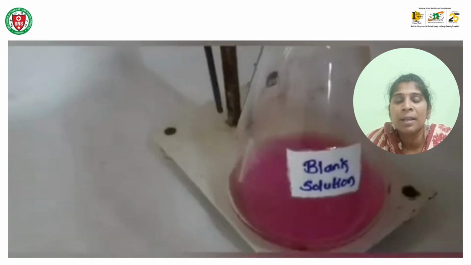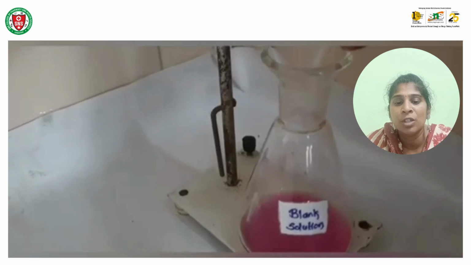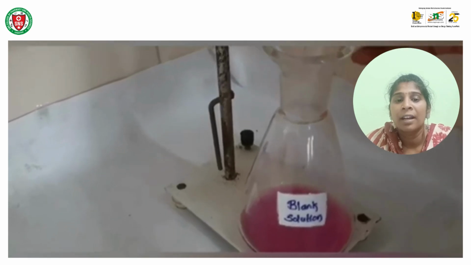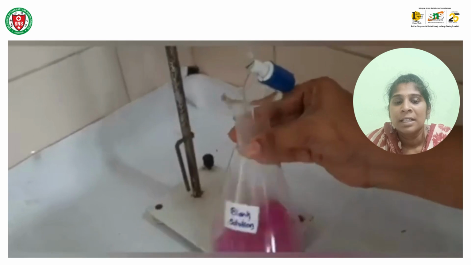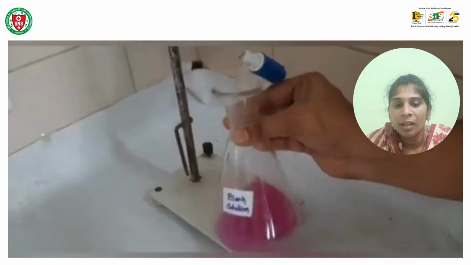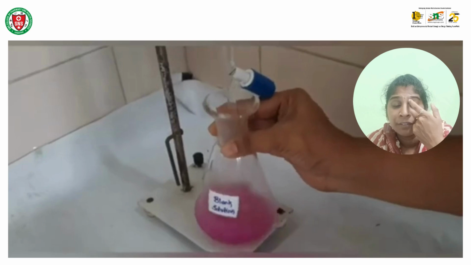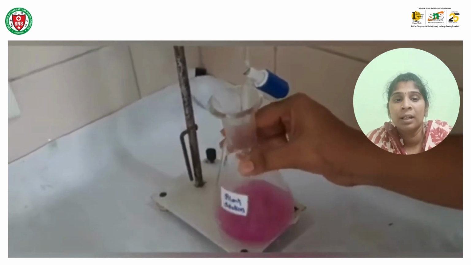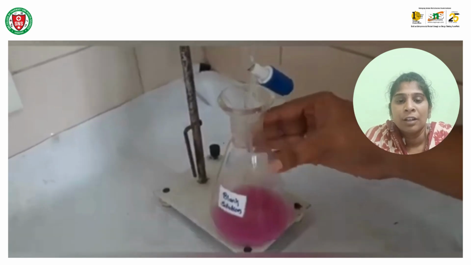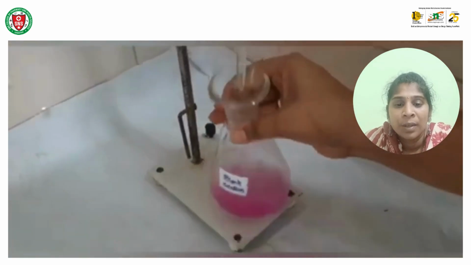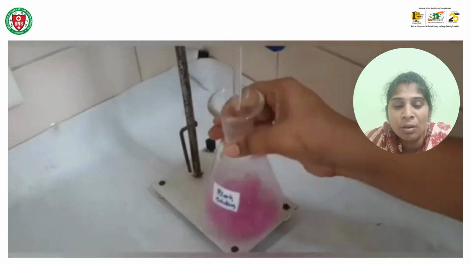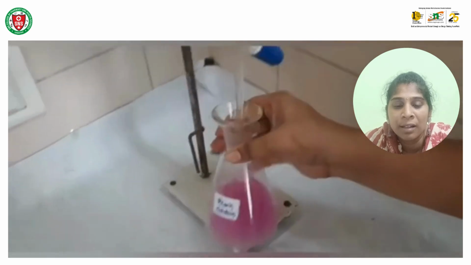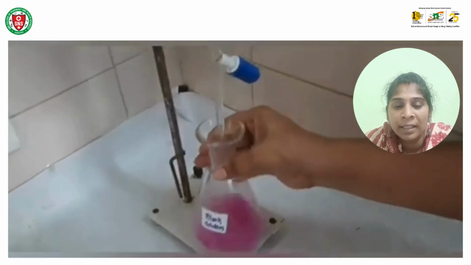Now the blank is titrated with the same 0.1 N sulfuric acid, and we will notice the result. After taking both readings, we need to calculate with the formula. The blank is also turning from pink to colorless.